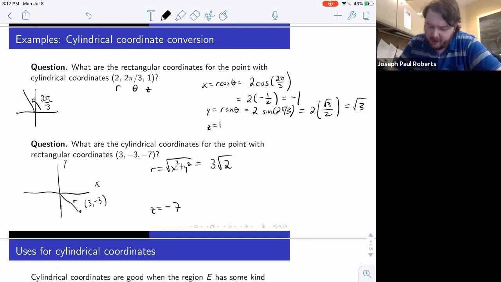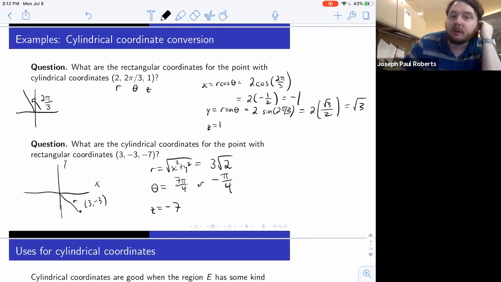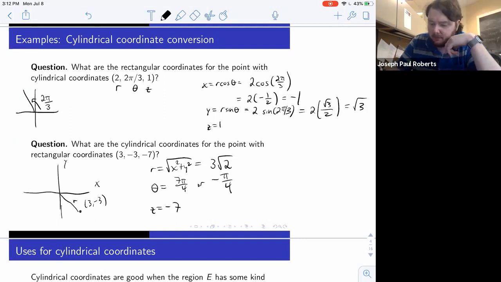And then theta is, well, it's up to you. You could call theta 7 pi over 4 or minus pi over 4, whichever is more convenient if you're doing other stuff with this region. But again, remember there's infinitely many different theta values for any given point, but the first two that come to mind for this would be minus pi over 4. So thinking about your special angle there.